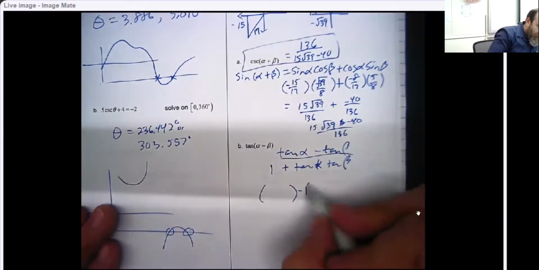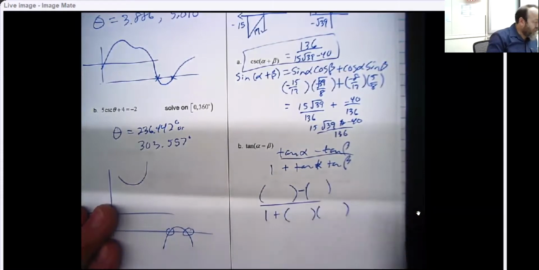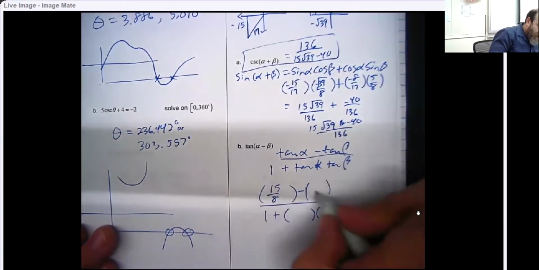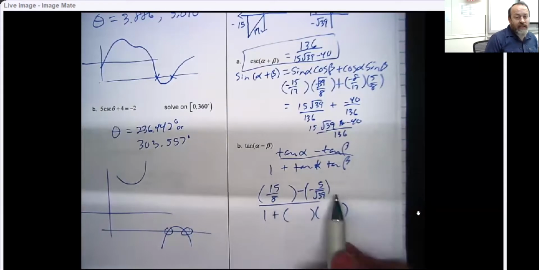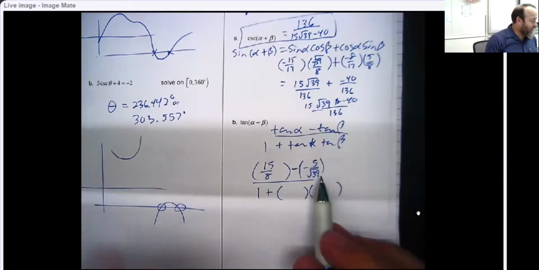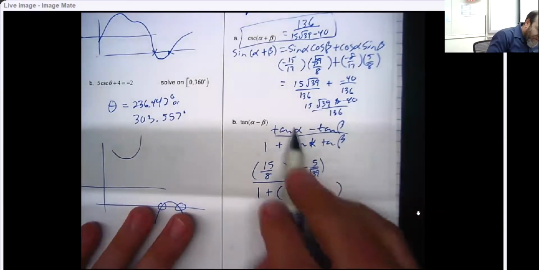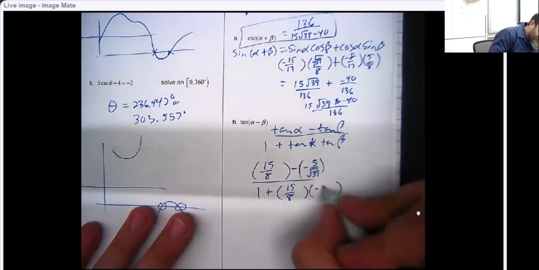So the only reason I even think this problem is worthy of the mention is that when you get in here and you do all of the work, you do get some fairly obnoxious looking numbers. Because you've got 15/18, but then you've got this denominator of 5 over root 39. That's terrible. And then you have the same two right here, because remember, these are both tangent alpha and these are both tangent betas.